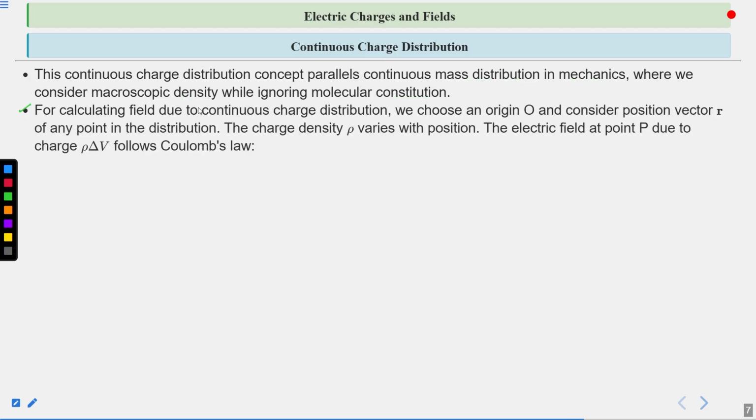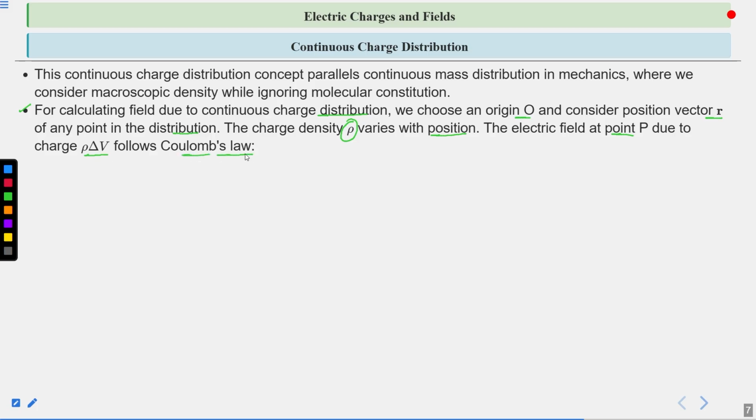For calculating the field due to a continuous charge distribution, we choose an origin O and consider position vector R of any point in the distribution. The charge density rho varies with position, and the electric field at point P due to charge rho delta V follows Coulomb's law.